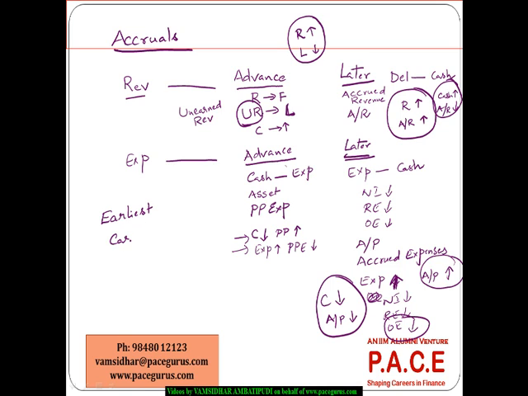In some cases, the good delivery occurs the earliest. In some cases, the expense is incurred the earliest. Whichever happens the earliest, at that particular point in time we are making an accounting entry.